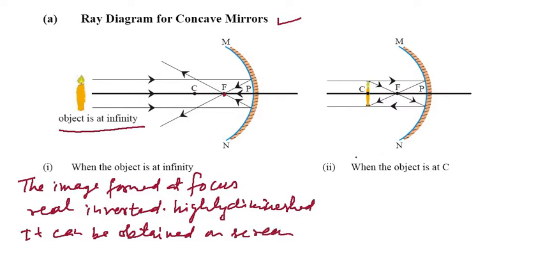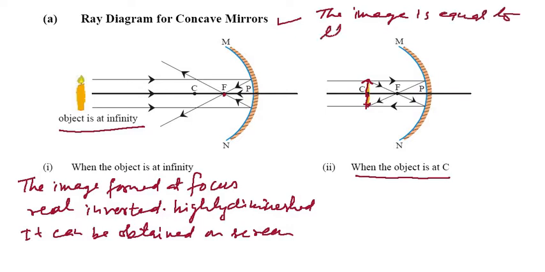You can see here when the object is placed at the center of curvature, that is the object and that is your image. In this case, the size of the image is equal to the size of the object, that means they have the same size.